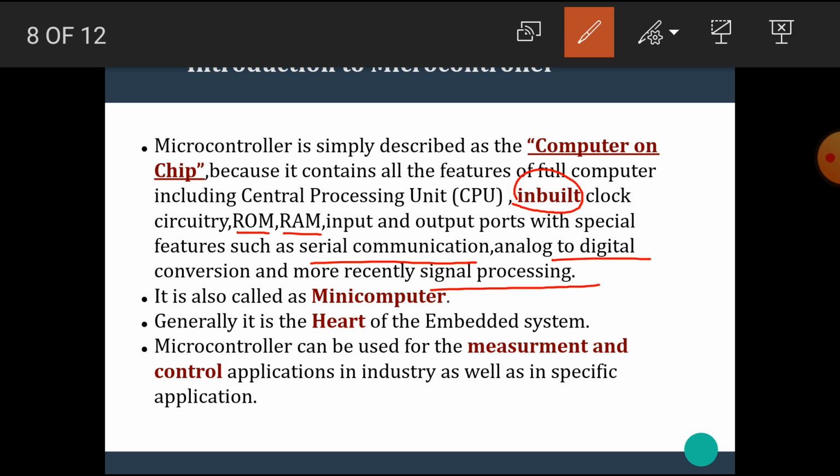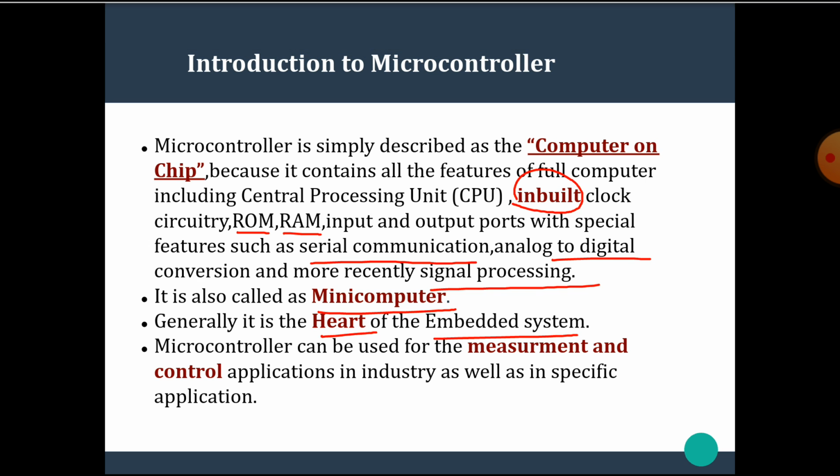The word inbuilt is very important here. It is also called a mini computer. Generally, it is the heart of the embedded system. Microcontroller can be used for the measurement and control applications in industry as well as in a specific application.